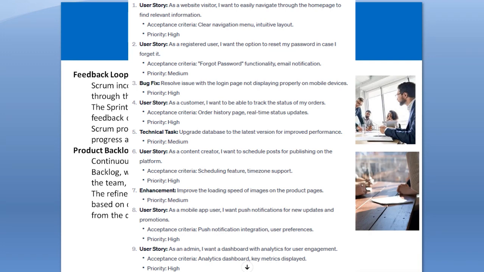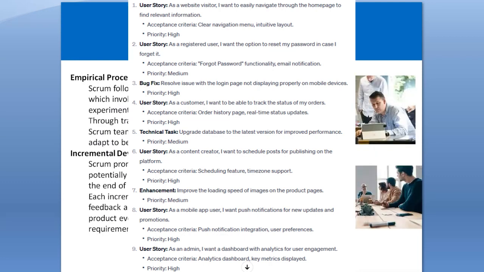So basically the product owner takes input from the team and regularly refines and prioritizes the items. The product owner is basically the main owner or custodian of the product backlog. The refinement process allows for adjusting priorities based on changing business needs and insights gained from the development process.